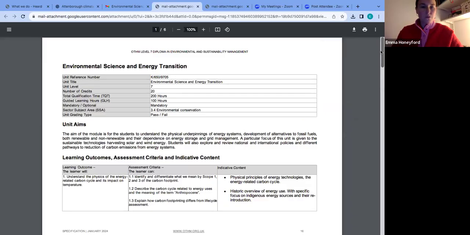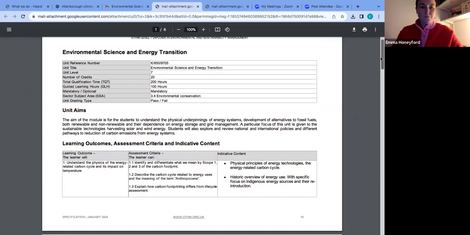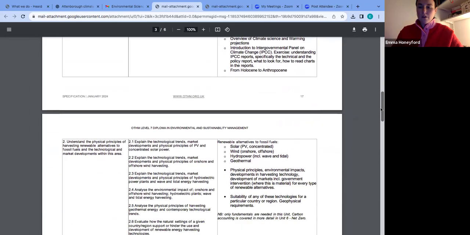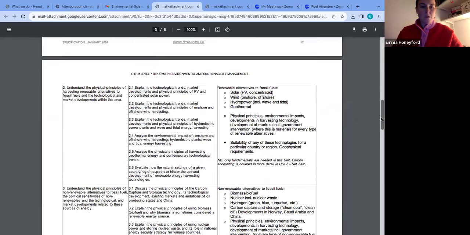For this session today, we are going to cover learning outcome number 2. This will all be around understanding the physical principles of harvesting renewable alternatives to fossil fuels and the technological and market developments within this area.